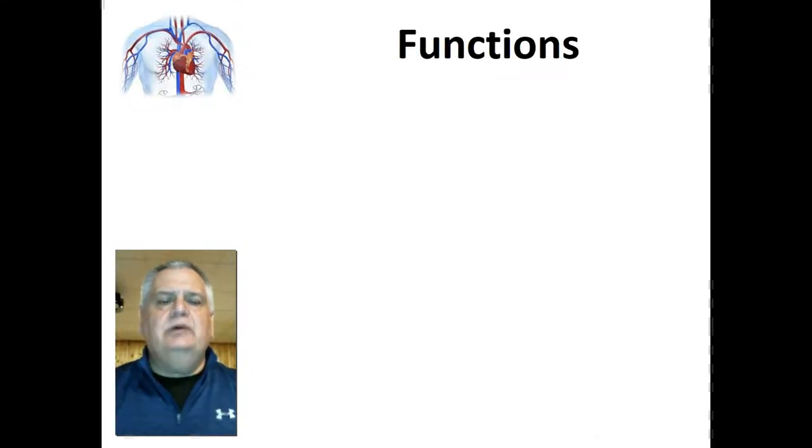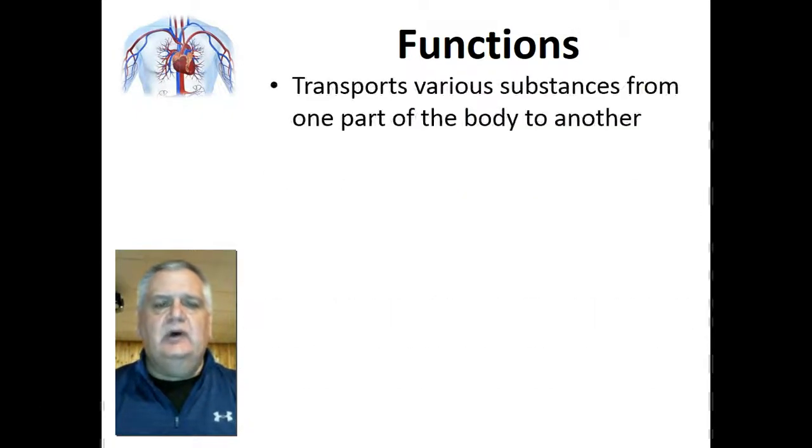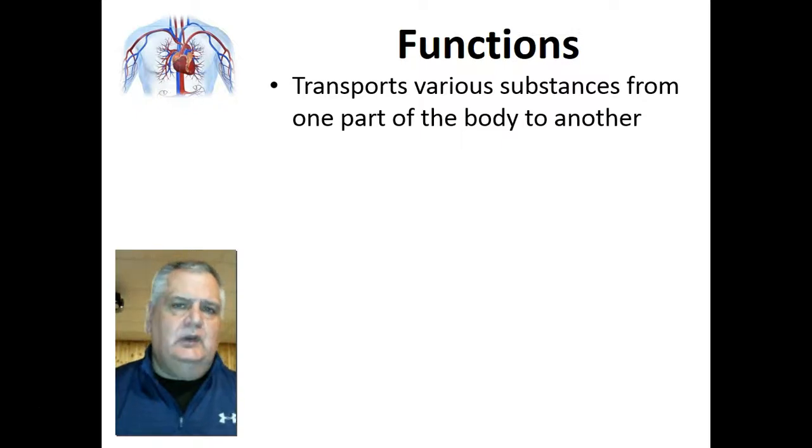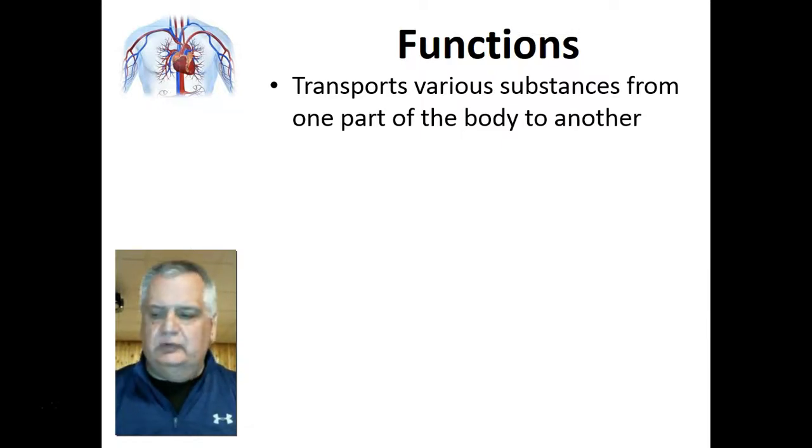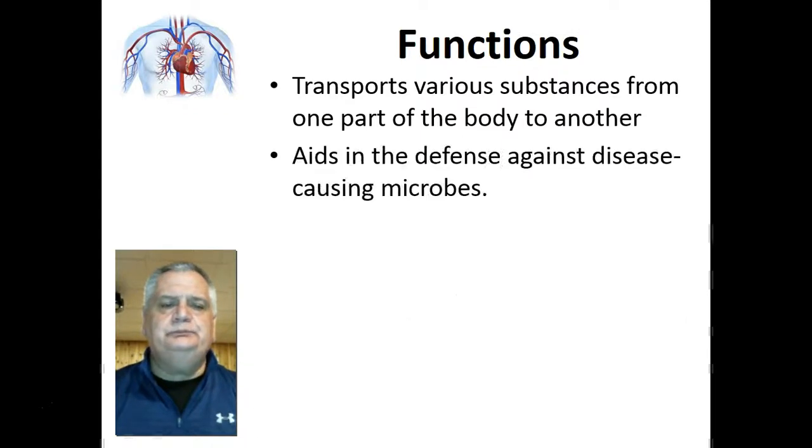All right, moving on from introduction to overview, let's take a look at the reason why we have a cardiovascular system. There's several functions of the cardiovascular system. Obviously, one function is to transport various substances from one part of the body to another: the respiratory gases, oxygen, carbon dioxide, the metabolic waste products, and nutrients that we talked about previously.